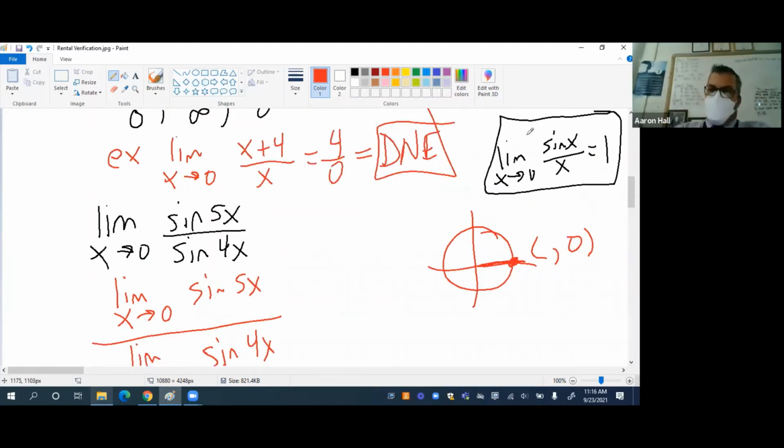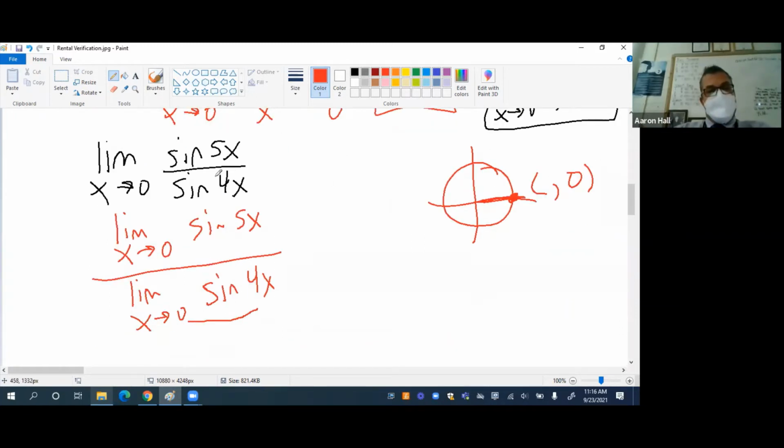Is there somehow I can incorporate this in there? If I multiply this by 5, actually I don't want a 5, I want 5x in the denominator, which means I have to multiply by 5x over 5x.